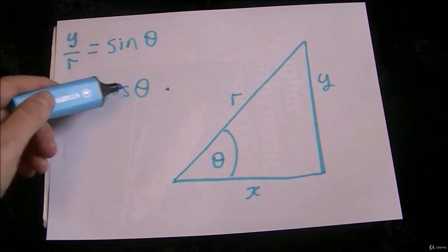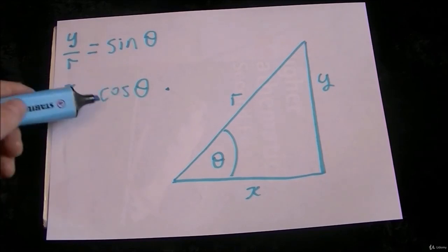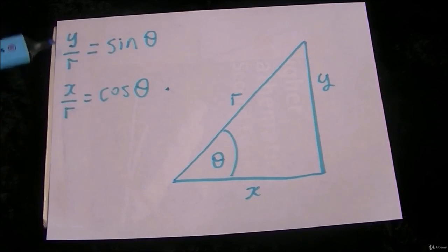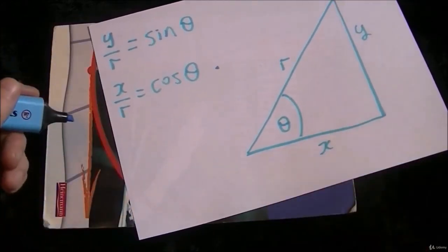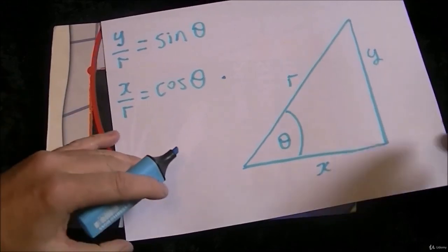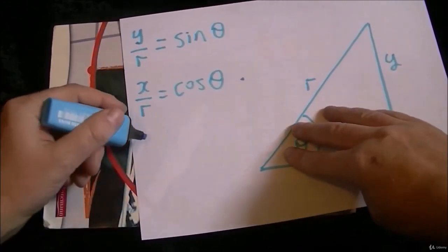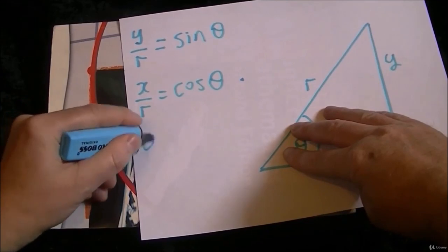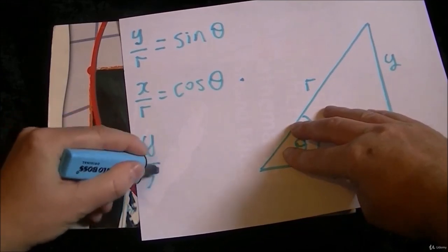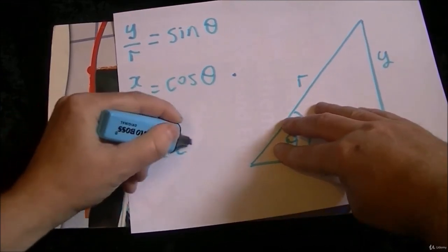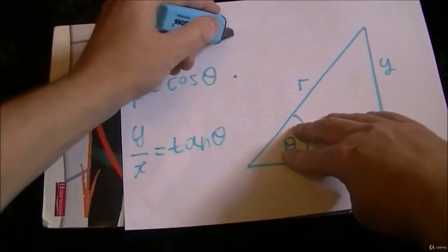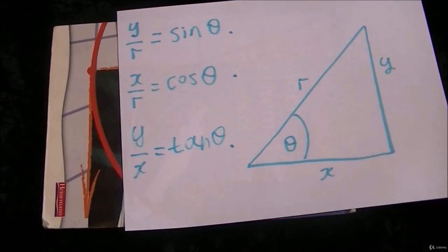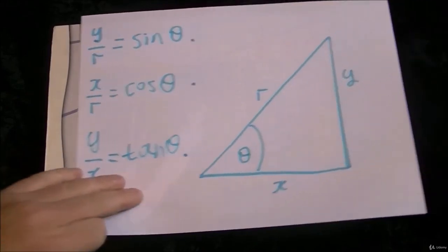It's shortened to cos, so we say x upon r equals cos theta. So we're going to look at all three of these ratios: x upon r, y upon r, and y upon x equals tan theta. We're going to look at these in the graphical calculator and see exactly what they look like.